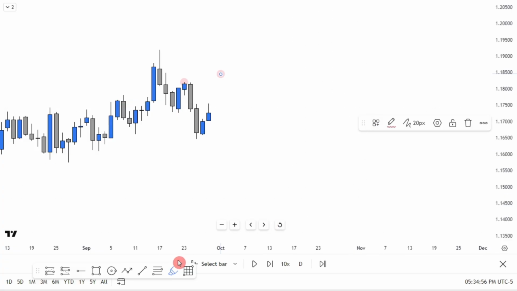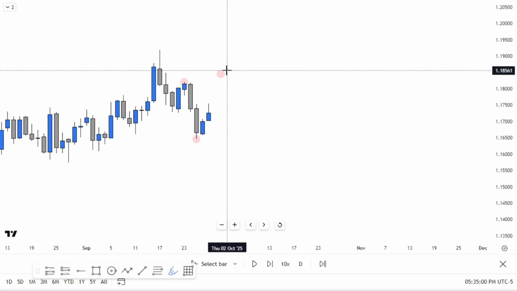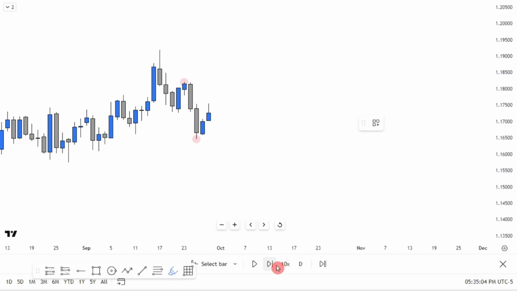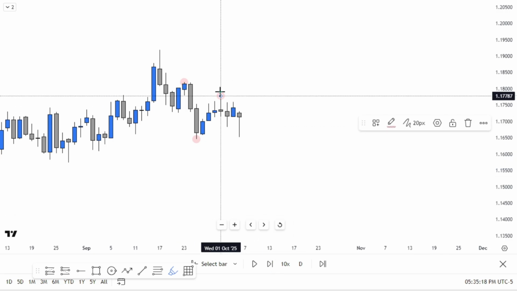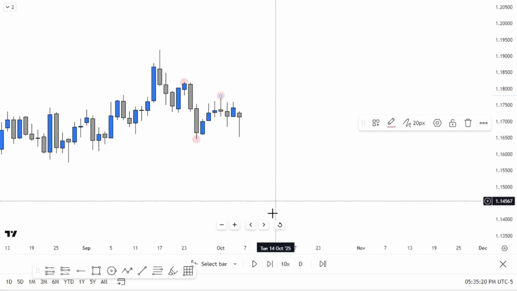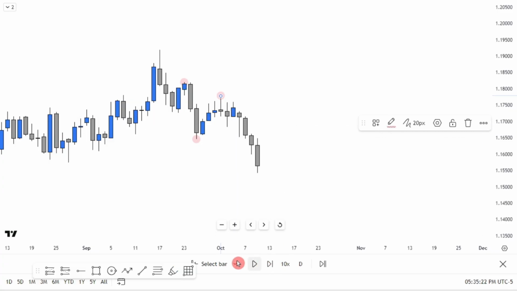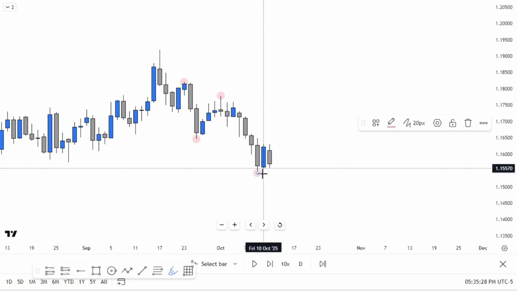Now let's fast forward. And as you see, price did make a lower low. Let's fast forward a bit some more. And then price makes a lower high here. And then it continues to drop down to make a lower low.